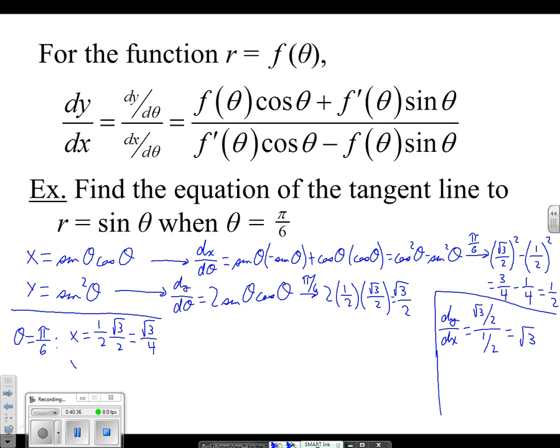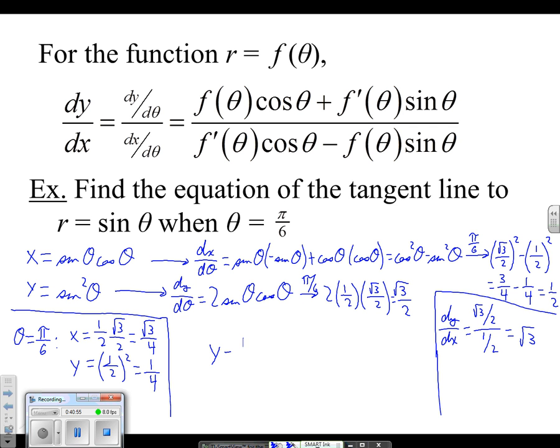And y is equal to sine squared of pi over 6, so it'll be 1/2 squared, which is 1/4. Finally, we've got our point. We can find our line.